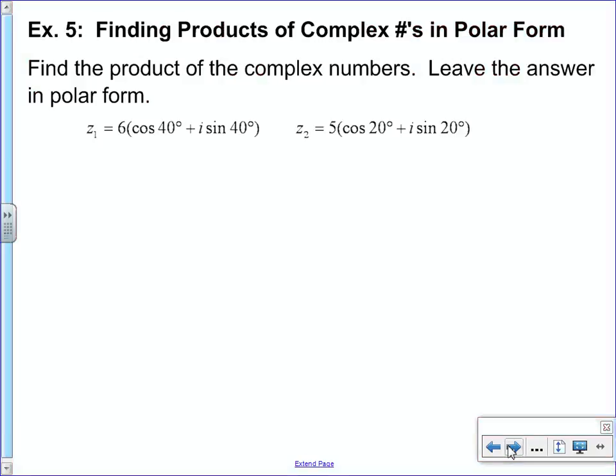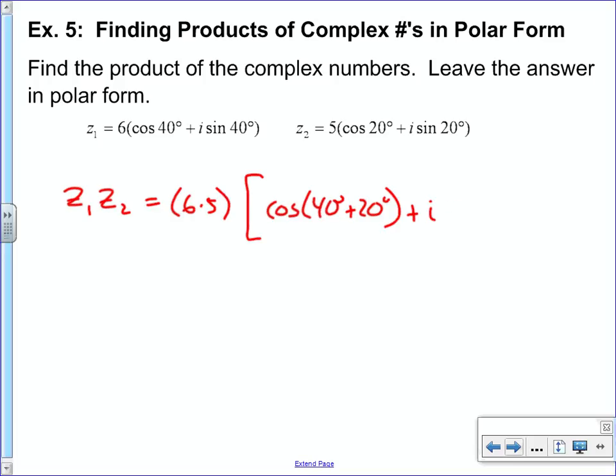Here we go. So for example, if you want to find the product of Z1 times Z2, it will be the two r's multiplied together, so 6 times 5, and then cosine of 40 plus 20 plus i sine of 40 plus 20.